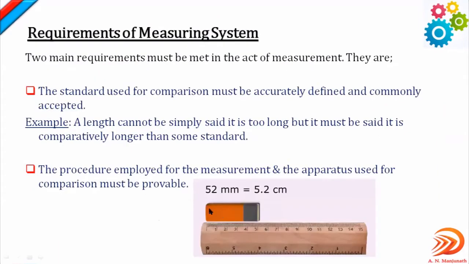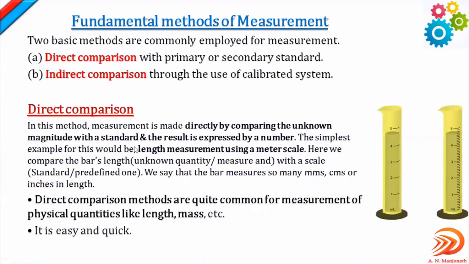If you want to measure this object by direct comparison, you're comparing the length of this object with respect to the primary or secondary standard. Whatever the length is, after comparing, it will be expressed as some quantity number. It can be millimeter, centimeter, meter, any desired unit. This is what direct comparison is, comparing directly with the primary or secondary standards, and that's why it is called direct comparison.